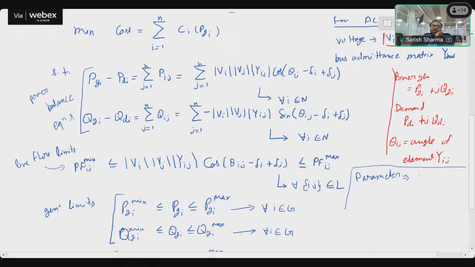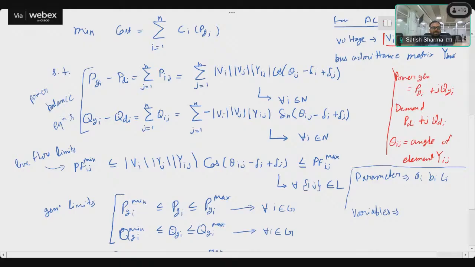So if I look at this function from the very beginning, let's define the variables as well as the parameters. First of all, we have a cost function, and we are using a quadratic cost function. So it's a Pi squared plus b Pi plus c. So the parameters will be ai, bi, and ci. So this input is needed first of all.